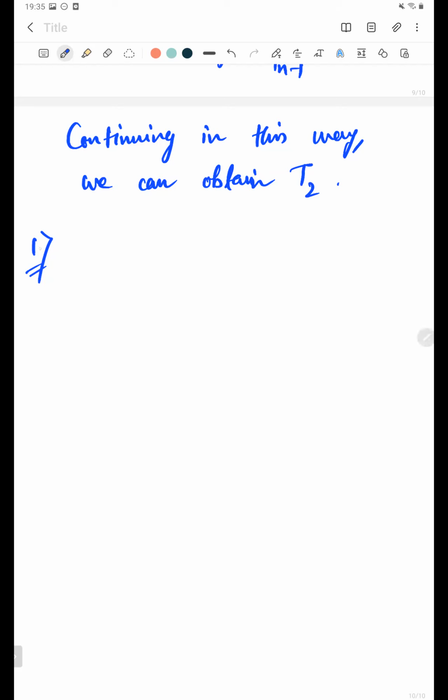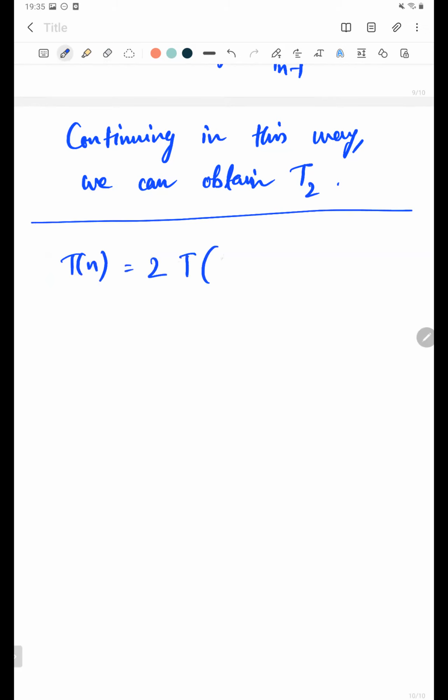Right? Let's say forget about problem number 1. Let's take a simpler example. Let's say we have Tn is equal to 2 into T n by 2 plus n.